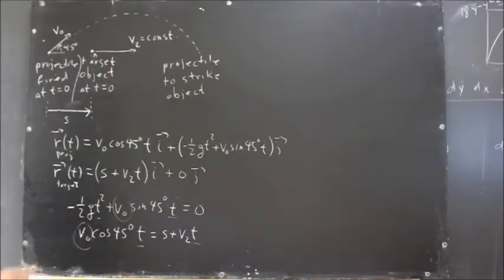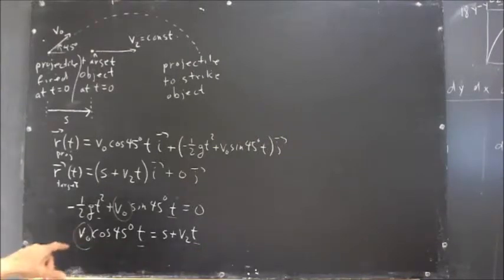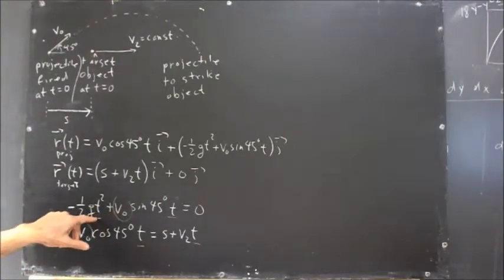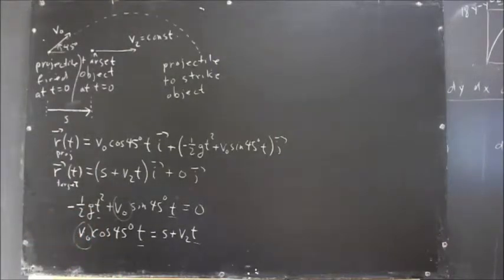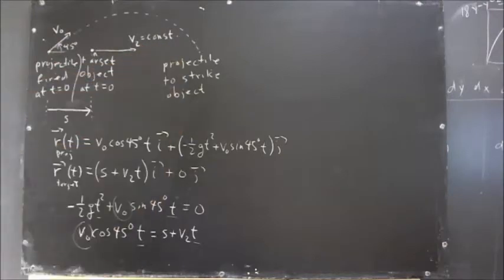When I say straightforward, it's a little messy, but this equation, for example, can be solved for v naught in terms of t, or for t in terms of v naught, whichever way you want to do it, and then substituted back into this equation to get the solution. I'm not going to go through the details of that, but you should take that as a vector picture that allows you to fairly easily set up this situation and arrive at a solution.